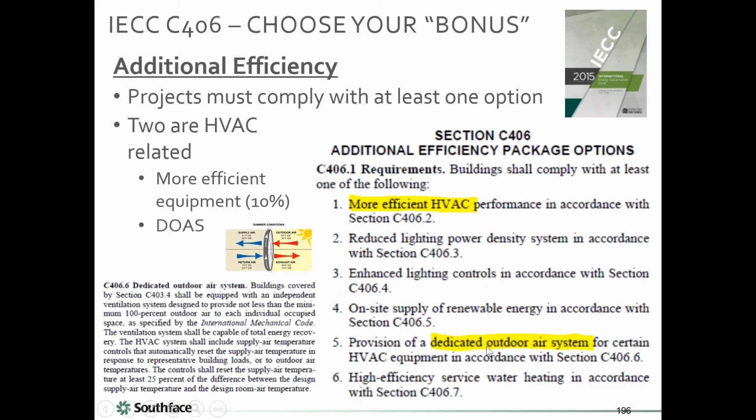This is a really good idea, a dedicated outdoor air system. You can bring in fresh air. This is a great option, an enthalpy wheel, for example, or any device that handles the moisture load of your fresh air separately from your main space cooling. That's a really good idea. So those could both qualify as your one extra.